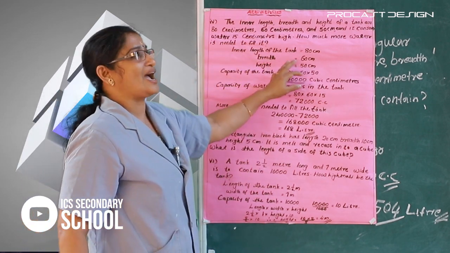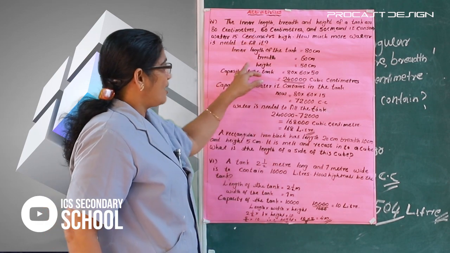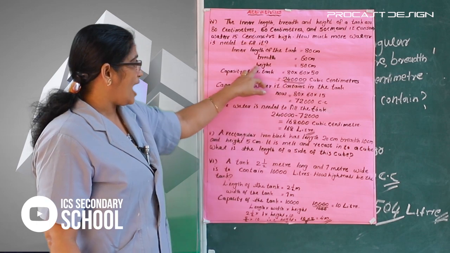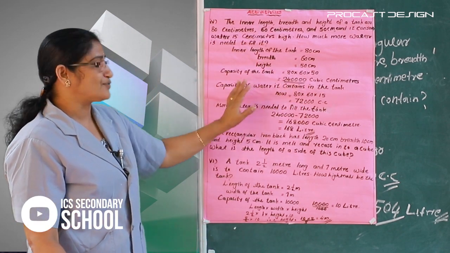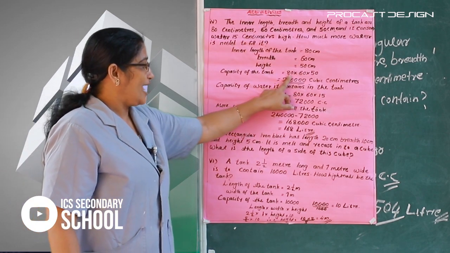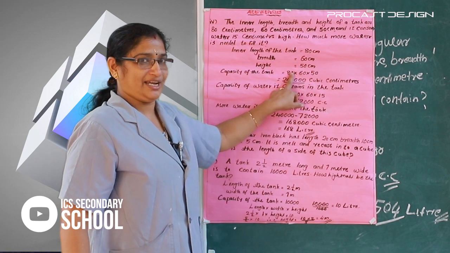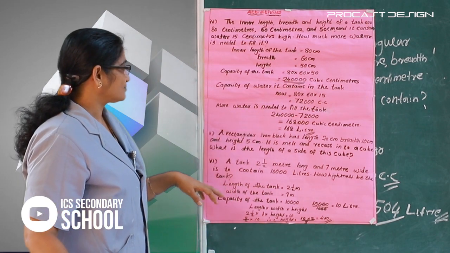The inner length of the tank is 80 centimeter, breadth 60 centimeter and height 50 centimeter. Capacity of the tank, the volume of the tank: length into breadth into height, 80 into 60 into 50.